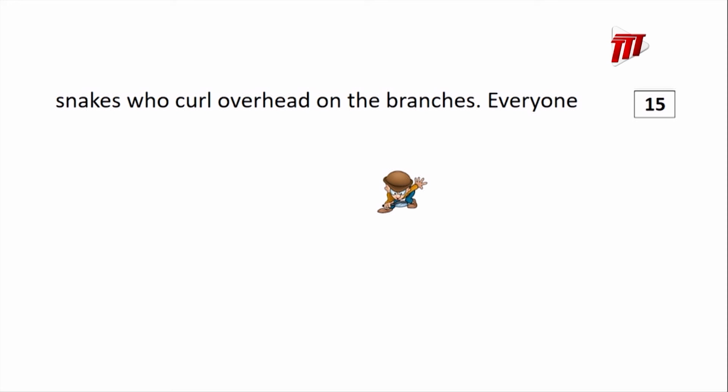What's wrong there? Snakes who curl overhead on the branches. Something is wrong with that relative pronoun. For sure. Yeah? Who refers to people. Yeah? And what do we use to refer to animals and things? That or which.